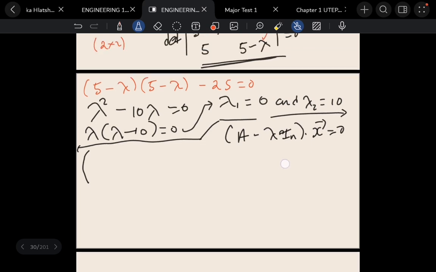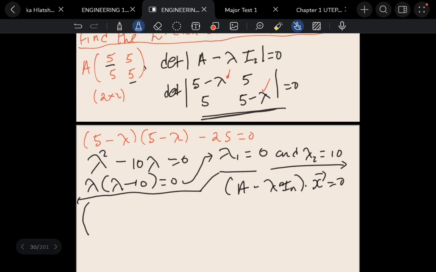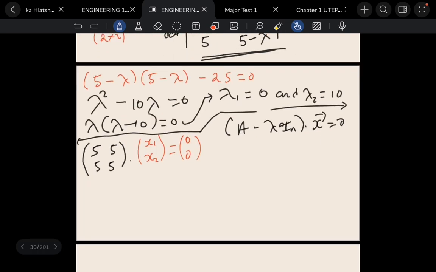So if we substitute 0 in that equation, I'm going to have 5, 5, 5, 5 times, this is always the case, x1, x2 is equal to 0, 0, and then find the two systems of equations.